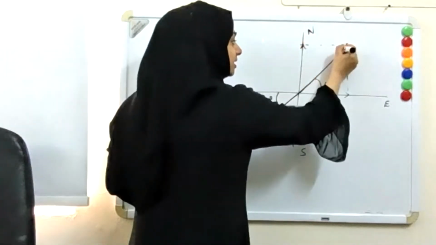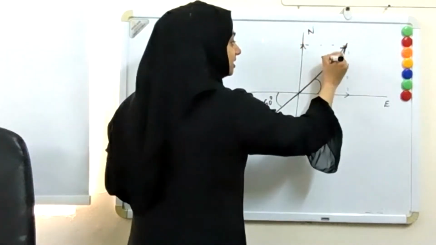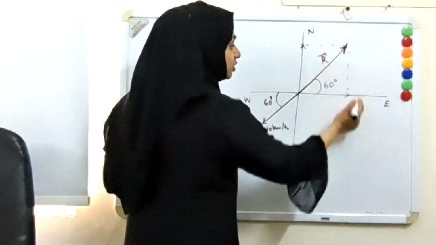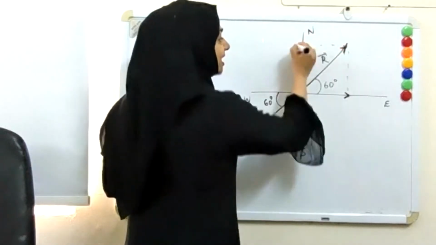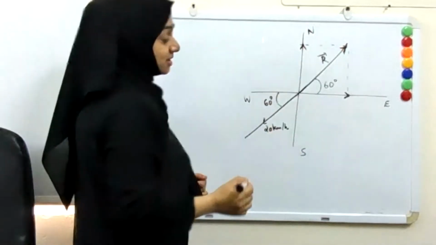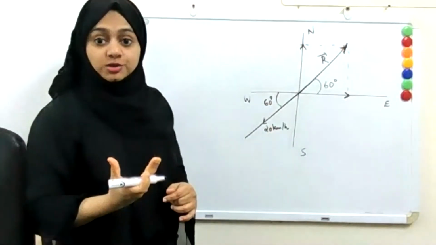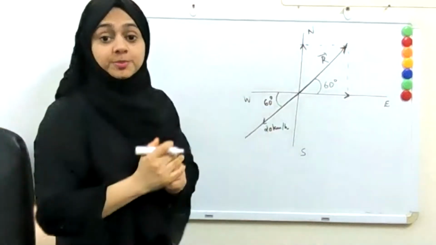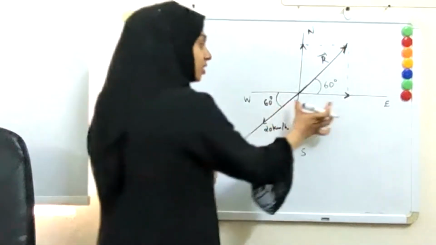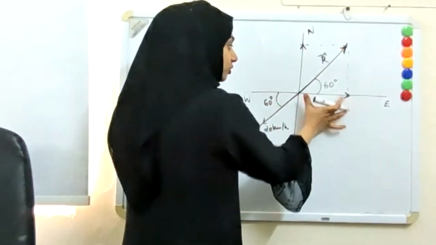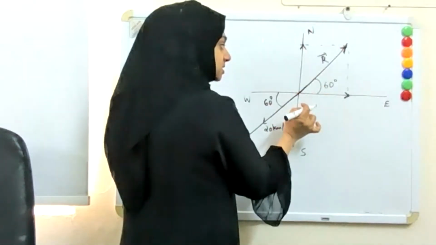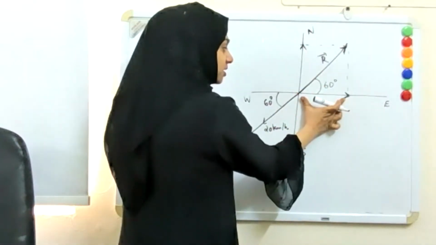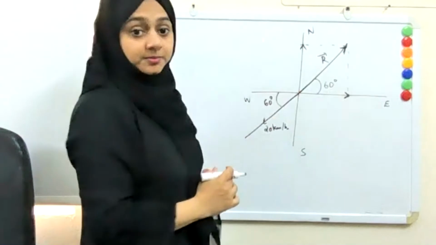Now look here, here you have a resultant vector which we have to resolve in the x direction and y direction. Remember, when we are resolving a vector in two perpendicular directions, along the x direction or along the horizontal, if this angle is 60 degree, what will be the component along this side?